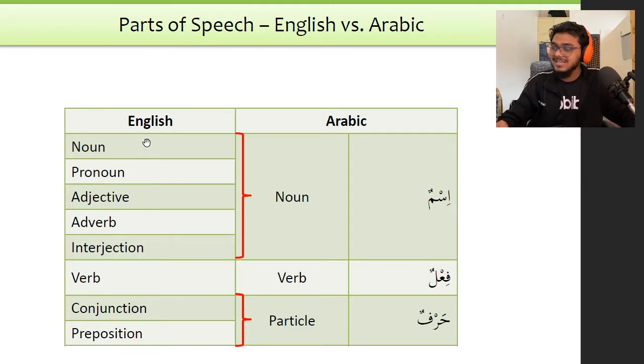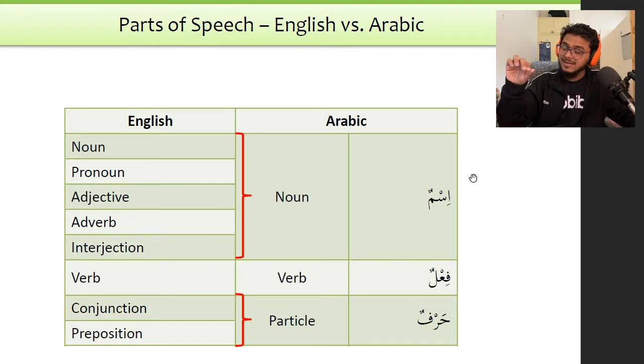As you can see in Arabic, all of these 5 parts of speech fall under the same category, which is ismun. Arabic has 3 parts of speech: ism, fi'l wa harf. Right? Ismun wa fi'lun wa harfun. Okay?